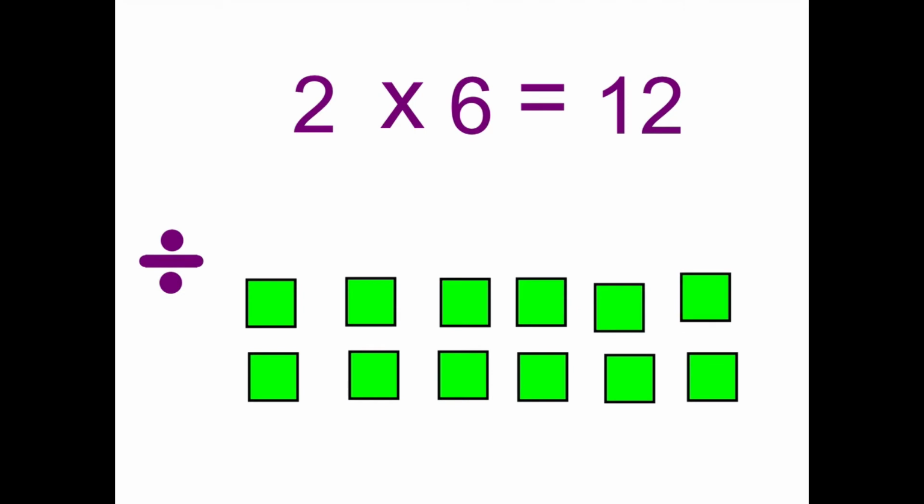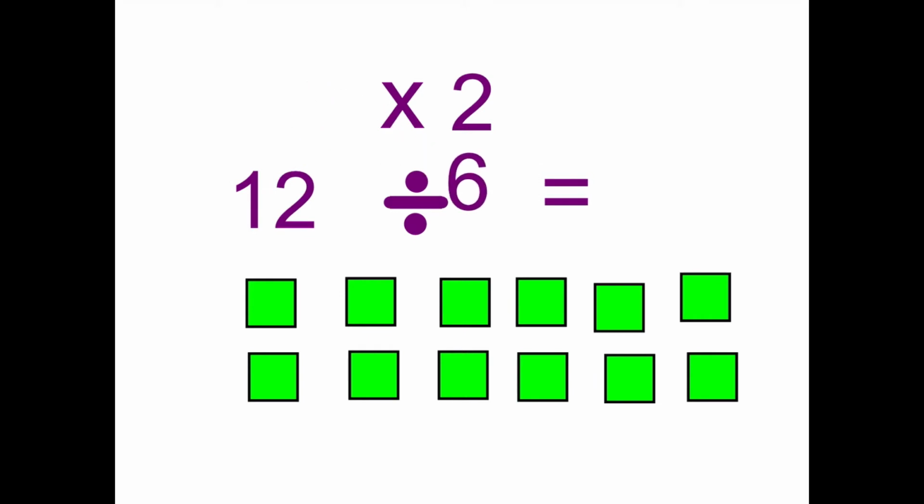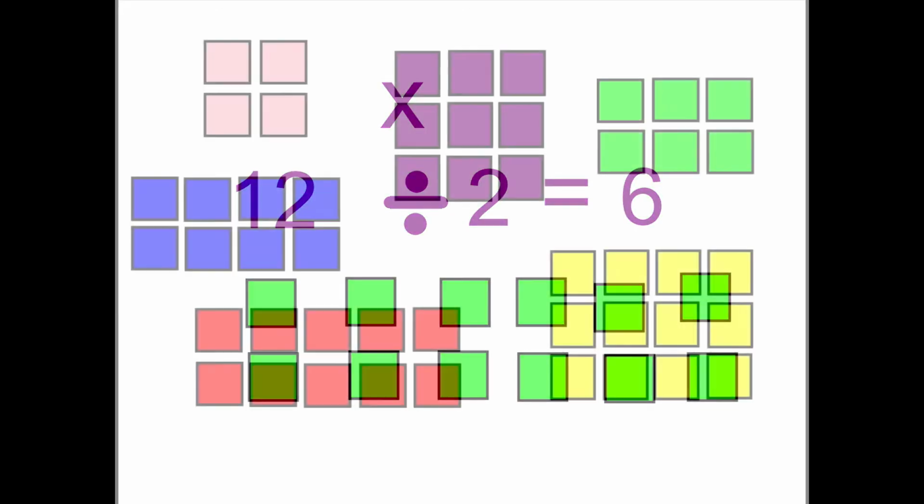And just like before, it shows you that the little numbers can swap and have 6 times 2. And if we're doing the divide, we put the big number first and then the little numbers. 12 divided by 6 is 2, or 12 divided by 2 is 6. So that shows very clearly how you can make the number sentences.